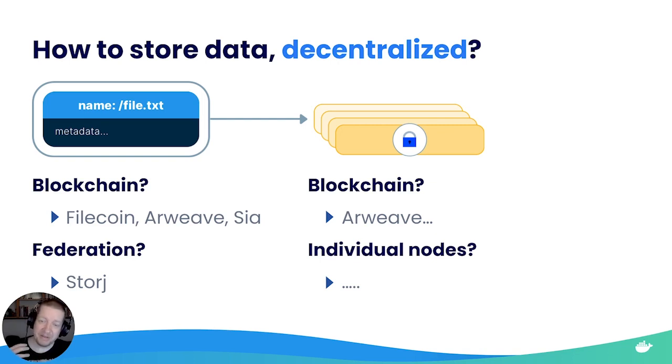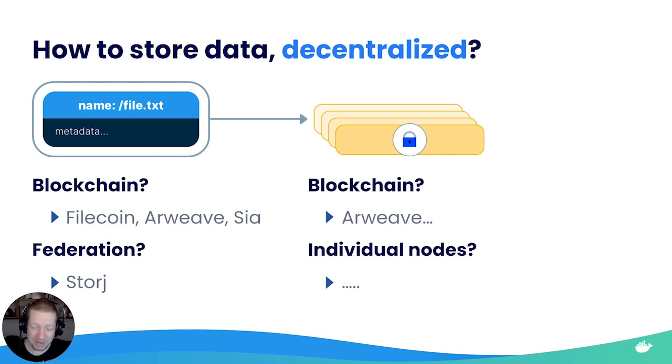And we have the same question for the data: how should we store it? There are fewer projects here. Usually decentralized projects store the metadata on the blockchain, but Arweave, for example, also stores the data on the blockchain itself, with some trick to address the hard problem that, okay, in that case the chain will be very large. And there are other big questions, like how can we manage the nodes?